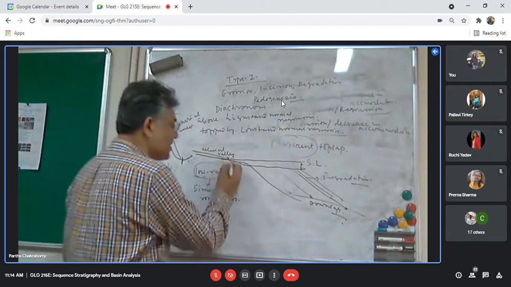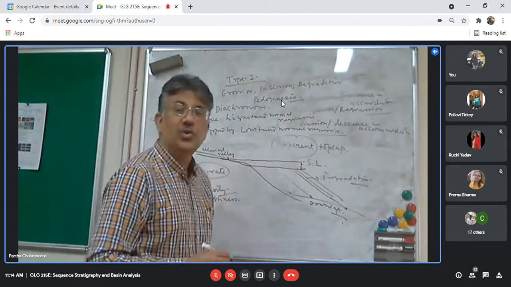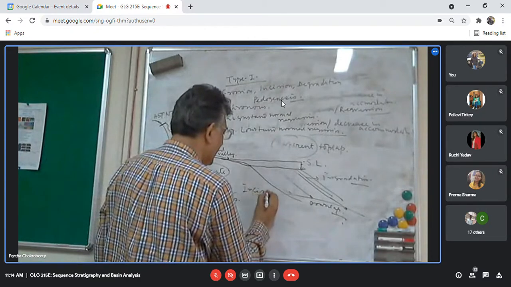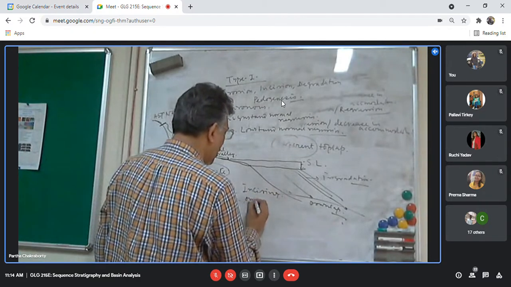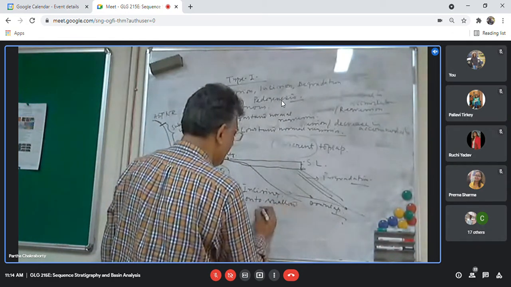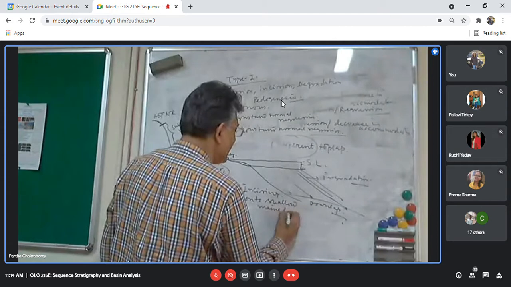And in the process, it will be incising onto the shallow marine and shelf system.